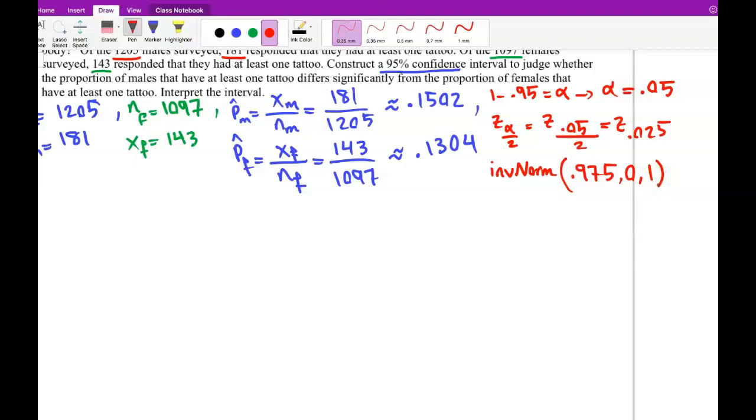Okay, then rounding it, the answer is 1.96. We had this part before, that's why I'm not showing it on the calculator. Just remember that since this is the right area, when using a calculator you need to enter, instead of that number, 1 minus 0.025, which is 0.975, and this is the left area.